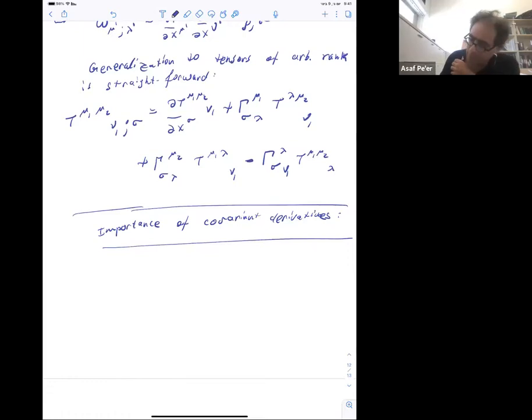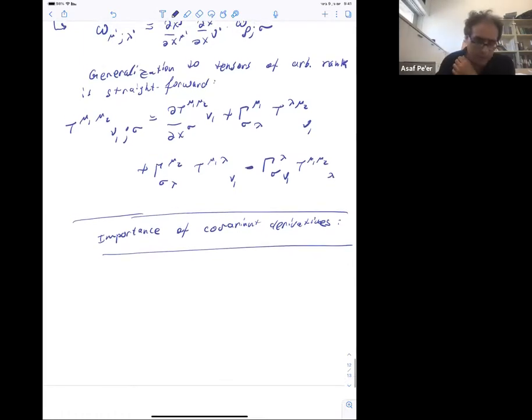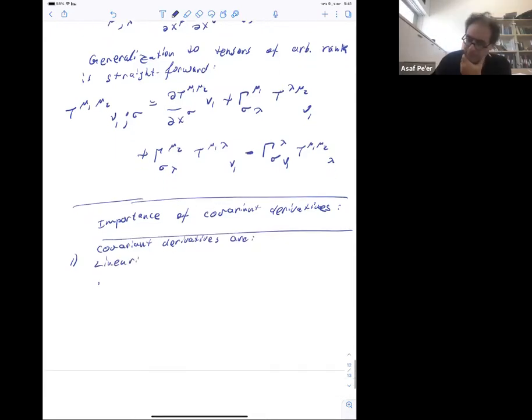Okay, so covariant derivatives, the way we wrote them down, it's pretty straightforward to show that they're linear. So alpha T plus beta S, where T and S are two arbitrary tensors.